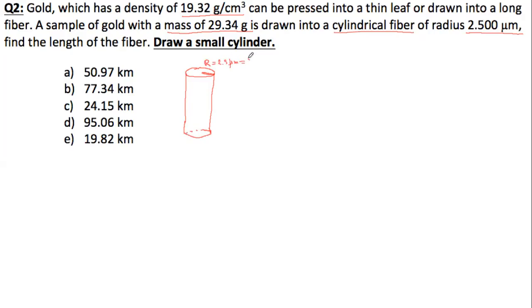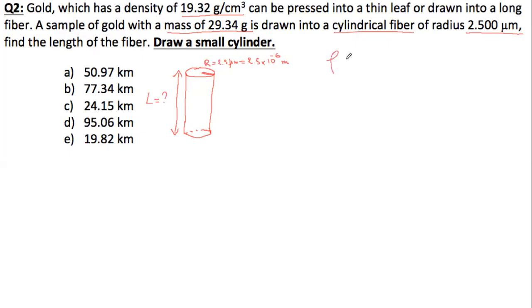So the radius is 2.5 times 10 to the power minus 6 meters. Micrometer, or micron, is 10 to the power minus 6 meters. The question is, what is the height or the length here of the cylinder?